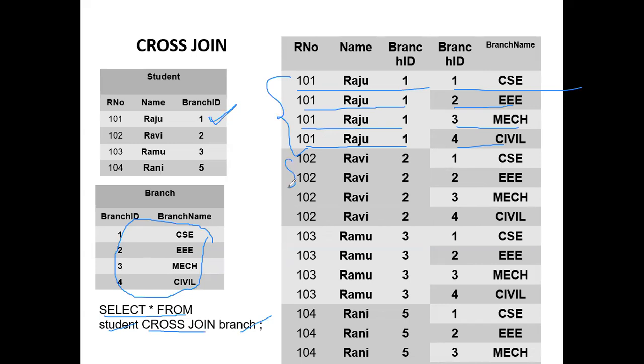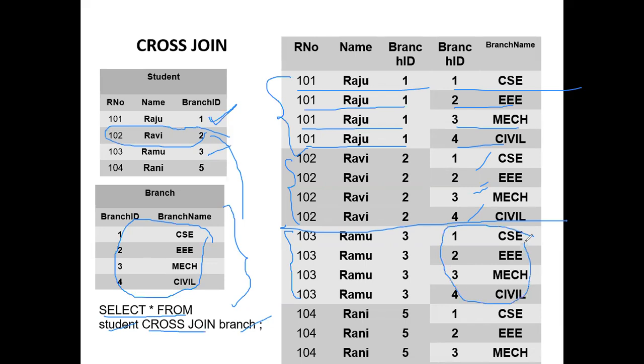Similarly, the second row is considered, and all the records in the branch table are joined with it. Similarly, the third row is taken, and all the records in the branch table are taken.